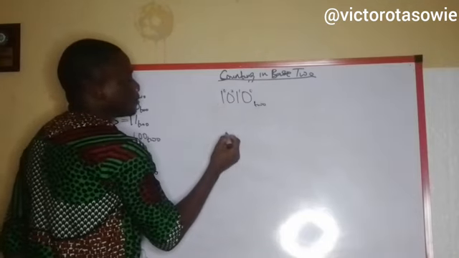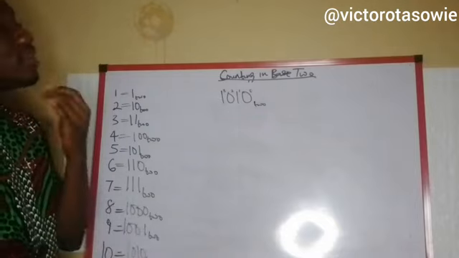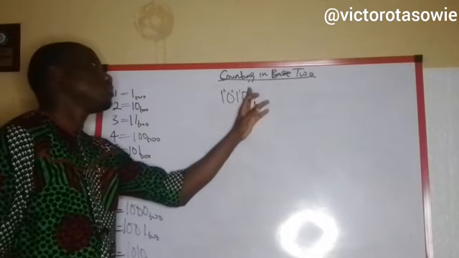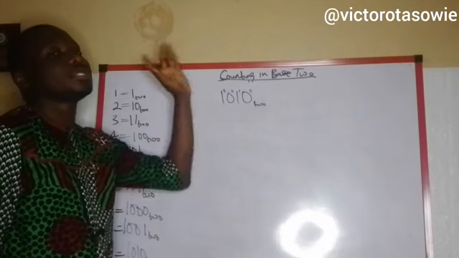You have to take note that they have a place value or a power. So this is 0, 1, 2, and 3. As you go forward, the number increases.